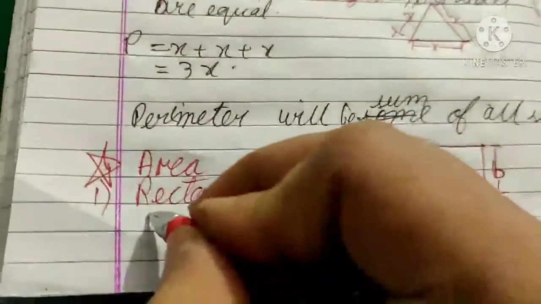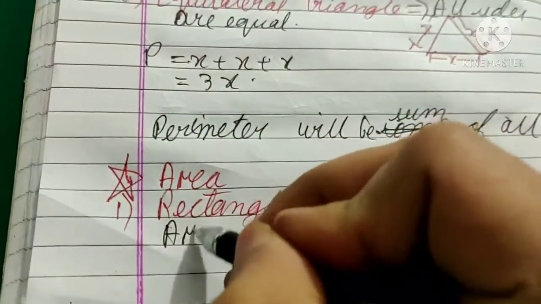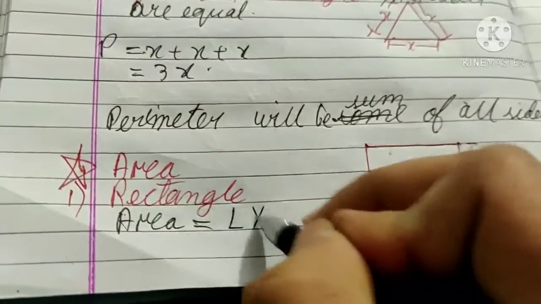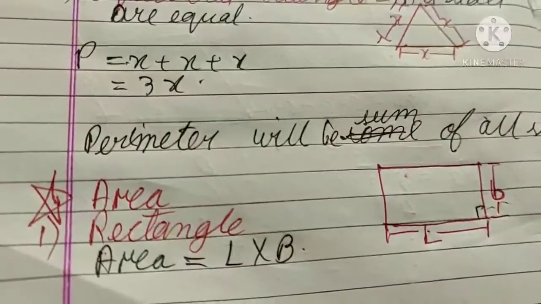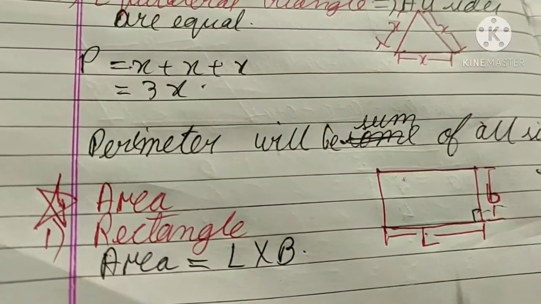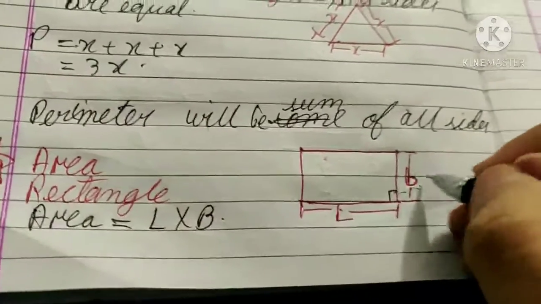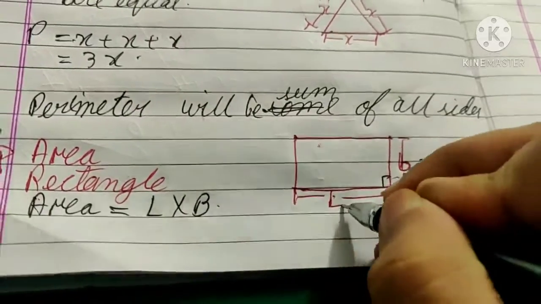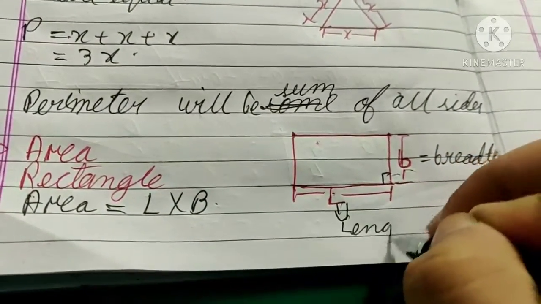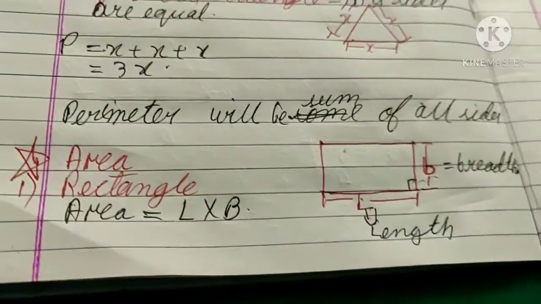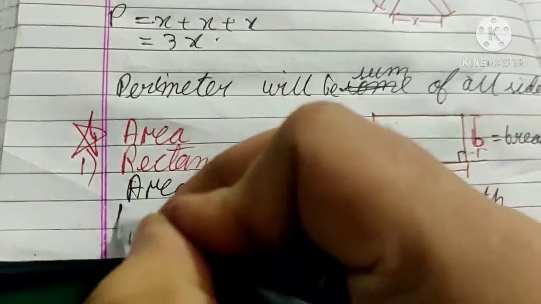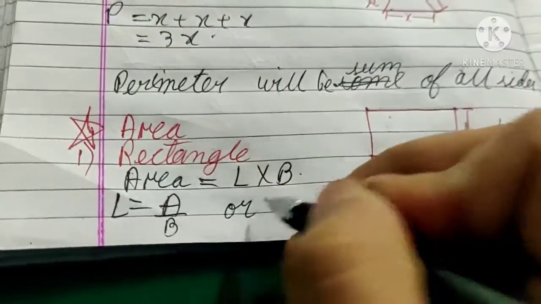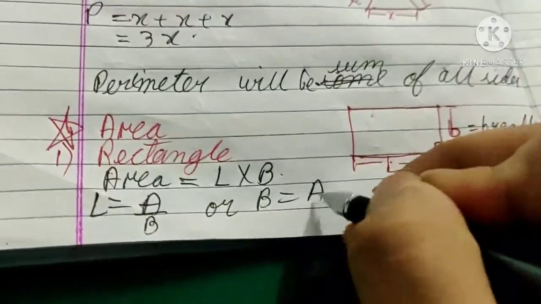This is at 90 degrees, so the area is equal to length into breadth. The area of a rectangle is equal to length multiplied by breadth, where B is breadth and L is length. If we are given the area and you have to calculate the length, the length will be equal to area upon breadth, or breadth will be equal to area upon length.